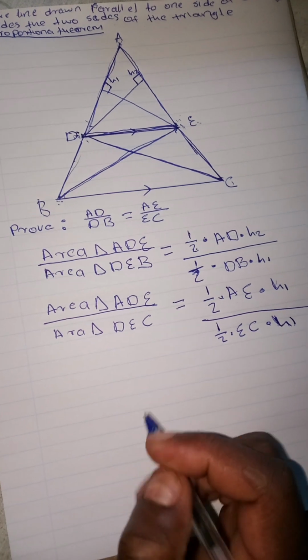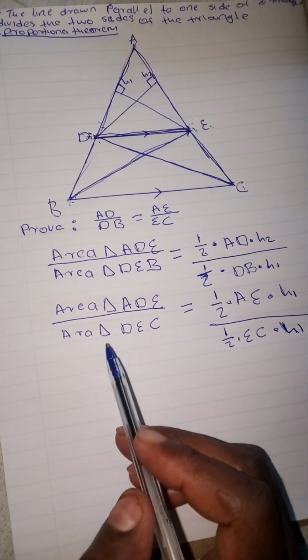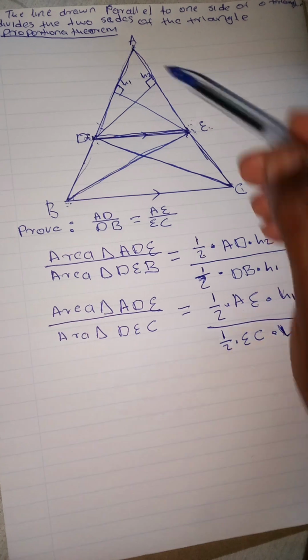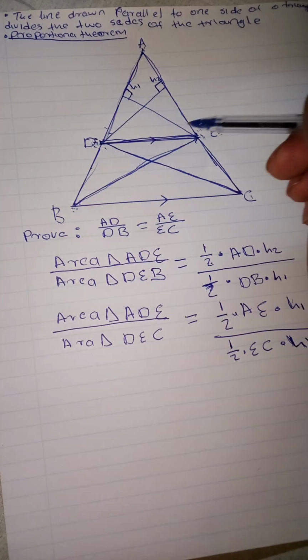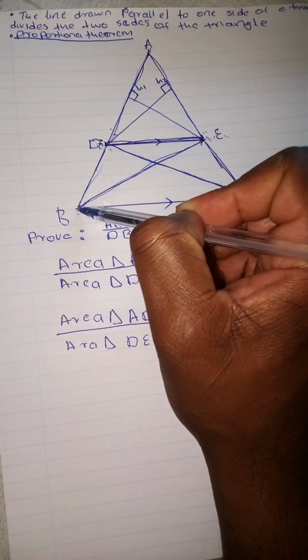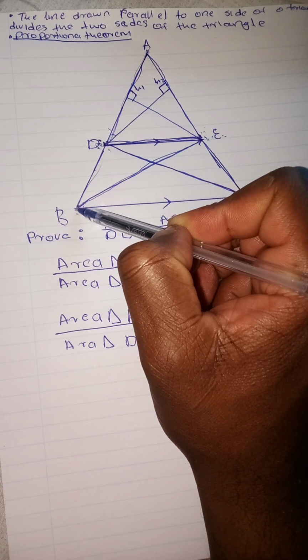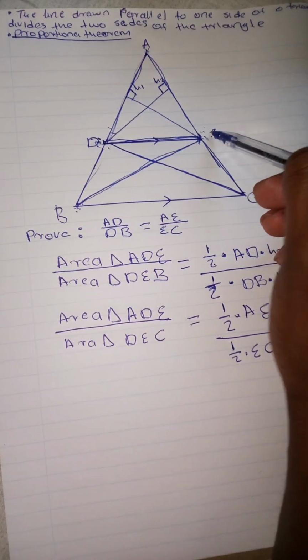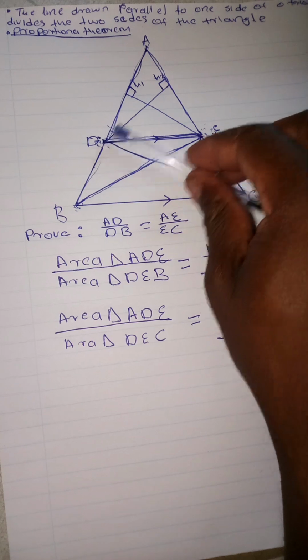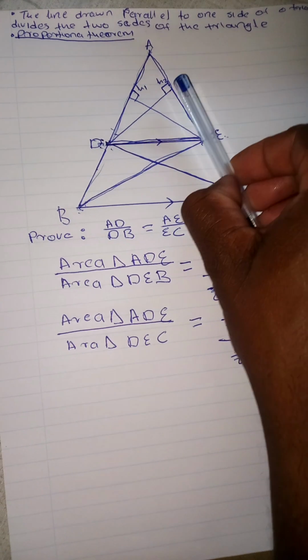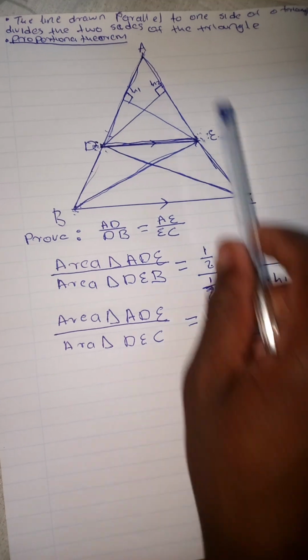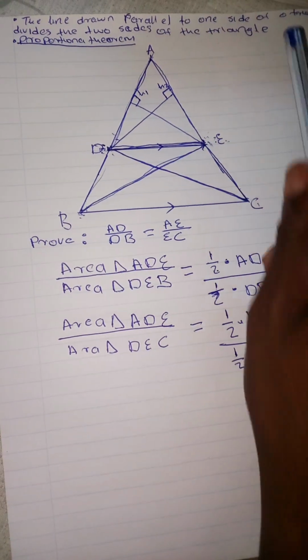Then you say the area of DEB is equal to the area of what? Of DEC. The area of this triangle is equal to the area of this triangle. As the statement said, it divides the sides of the triangle.